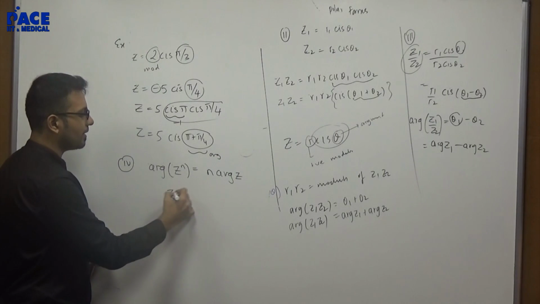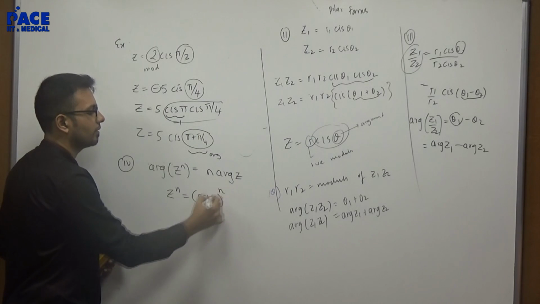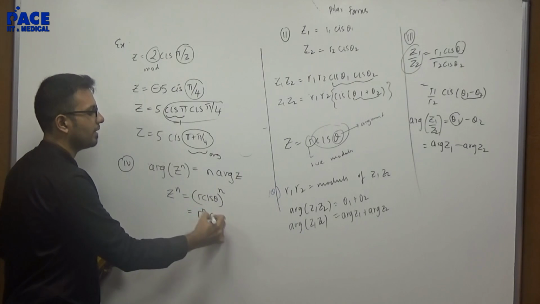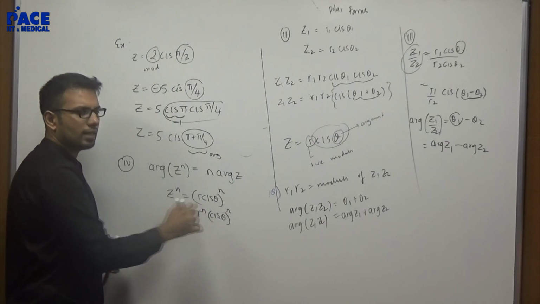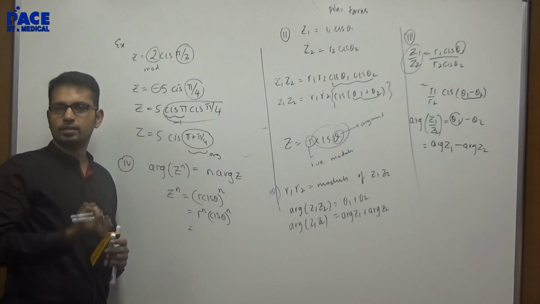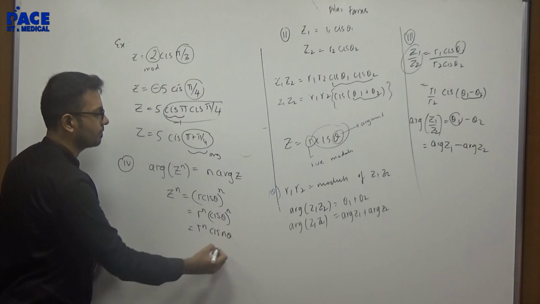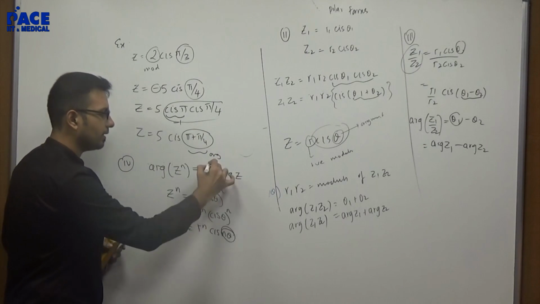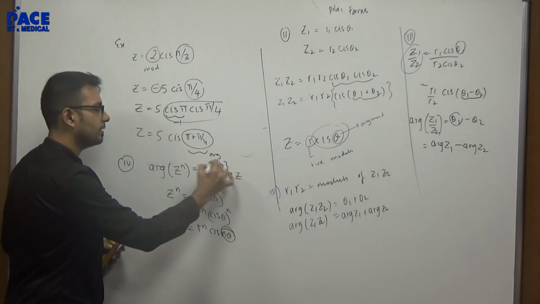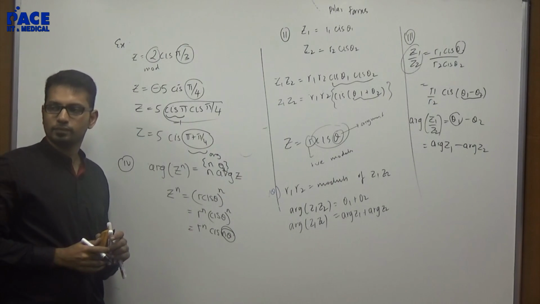Because if you take the number z raised to n, r cis theta raised to n, this will become r raised to n into cis theta raised to n, and I think I've done this last time. Cis theta raised to n is cis n theta. So the argument of z raised to n is n times theta, where theta is this. Is it understood?